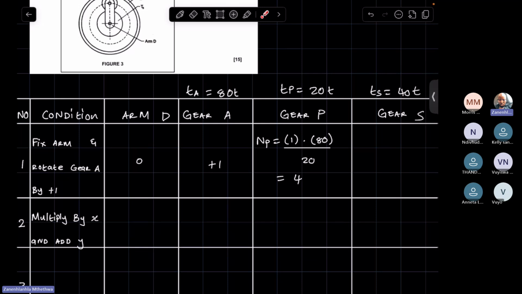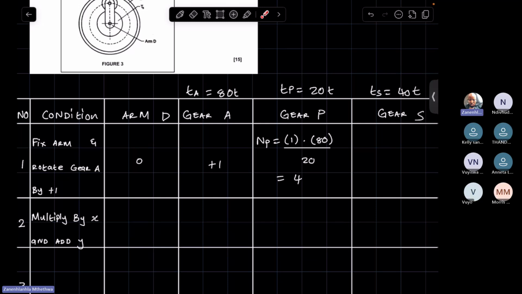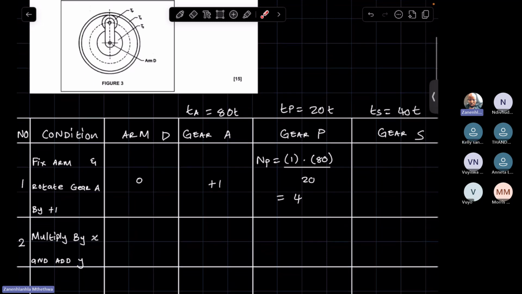The annulus, as per the first condition, is rotating in which direction? Clockwise or anti-clockwise? I want that gentleman who asked the question to answer this one. Yeah, it's clockwise. Clockwise.